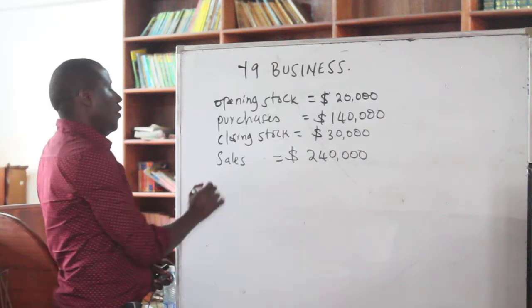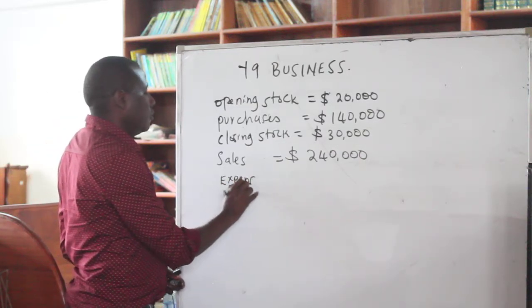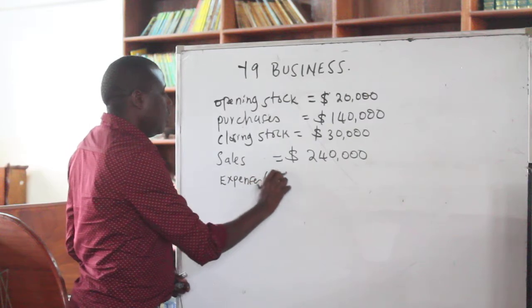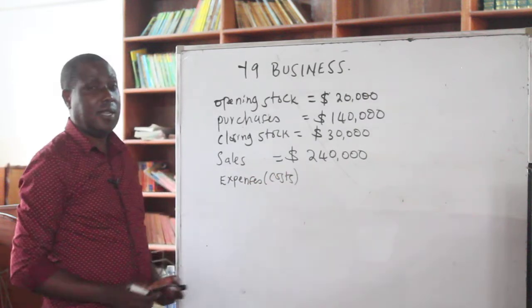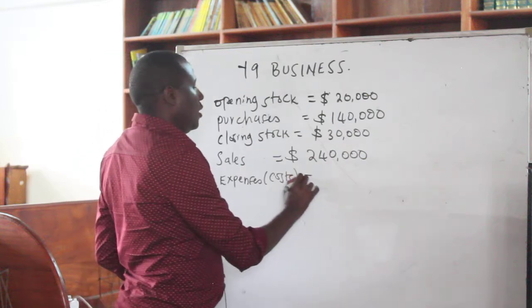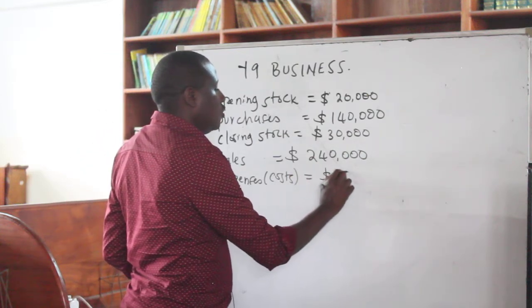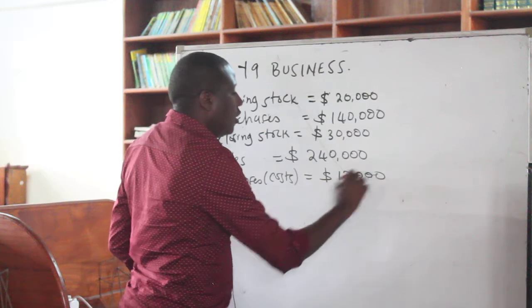Alright? Then you have some expenses, some costs. Yeah, transport costs, electricity, you paid salaries, and so forth. And this one totals up to, let's say, $12,000.